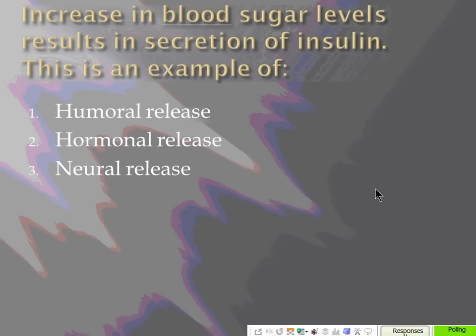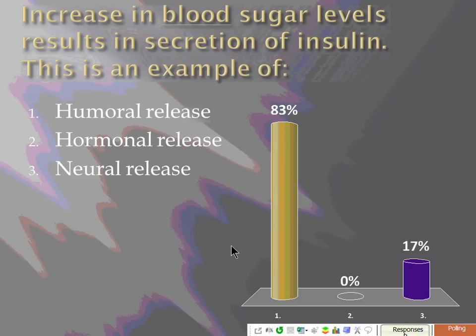So if there are increased blood sugar levels and that results in secretion of insulin, what would this be an example of? This would be an example of humoral release.